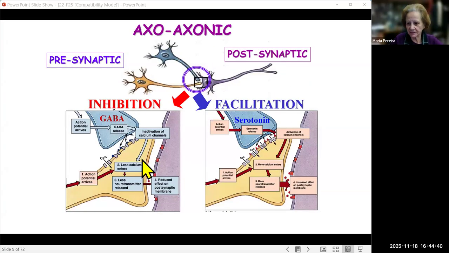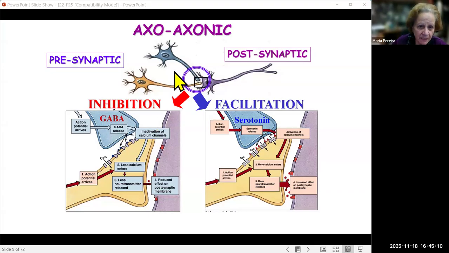Okay, this is what is shown here. Here's the postsynaptic neuron, and now you have two presynaptic neurons. But look here, the blue neuron is synapsing at the axon of the yellow presynaptic neuron. So you have a communication occurring at the axon terminal.